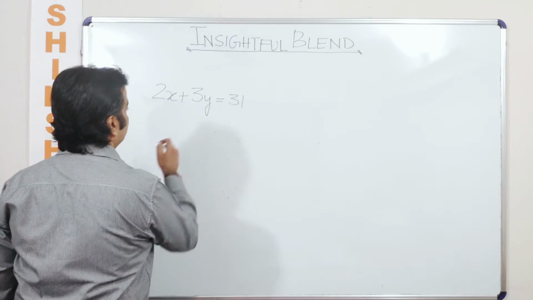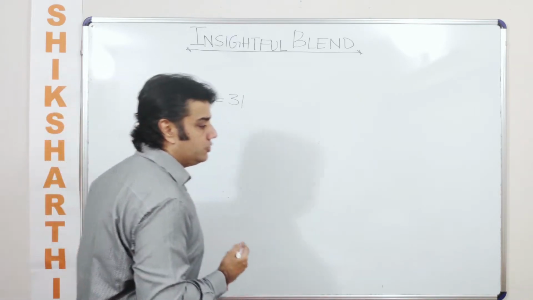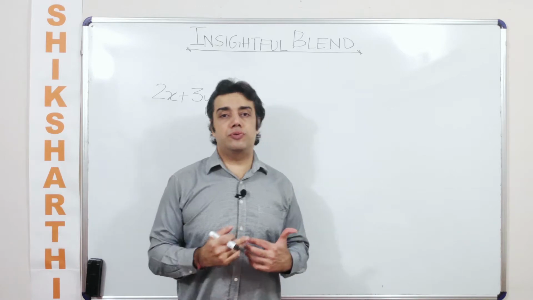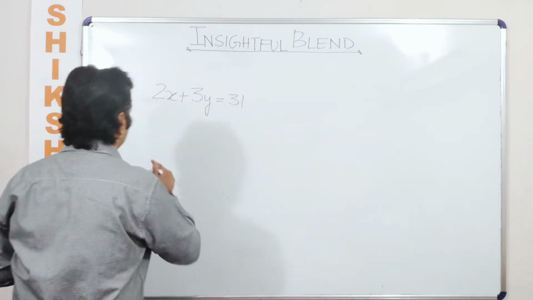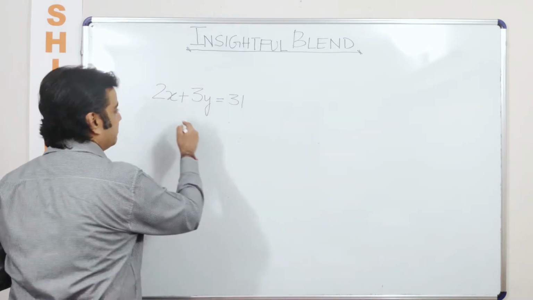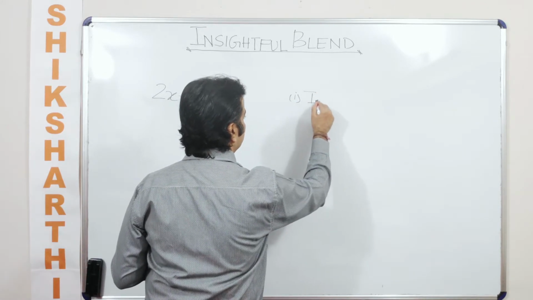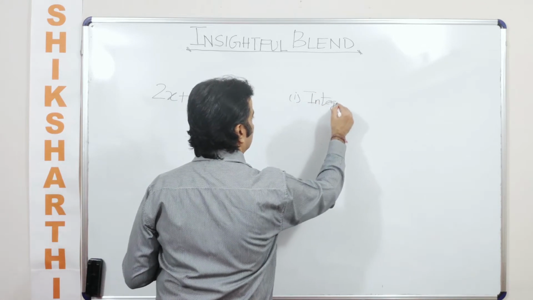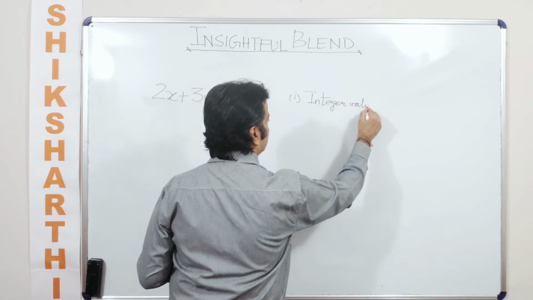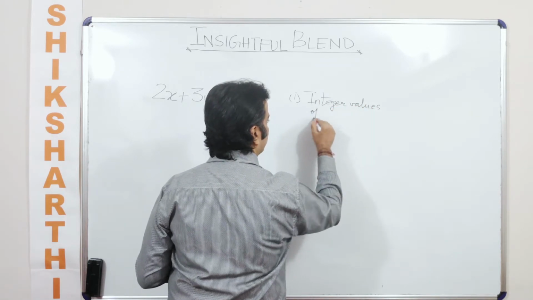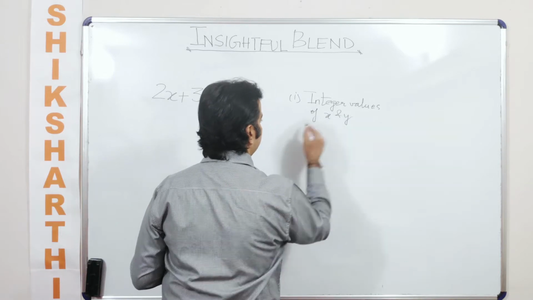When I start solving this, it is always easy to take integer values first. So the first thought that comes to my mind, or anybody else's mind, is we'll first talk about integer values of x and y.